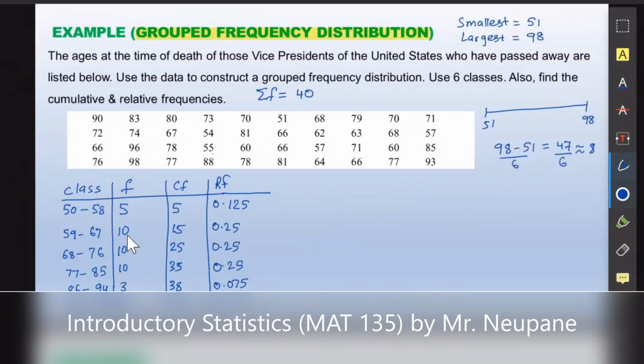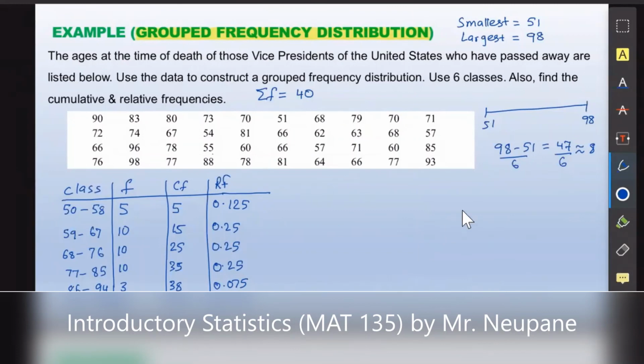So you can see that in this one, the only difficulty that we may have is to count those numbers and get the frequency. Now, what I did in this lecture is I showed the example using the traditional method, how people used to construct the frequency table manually.